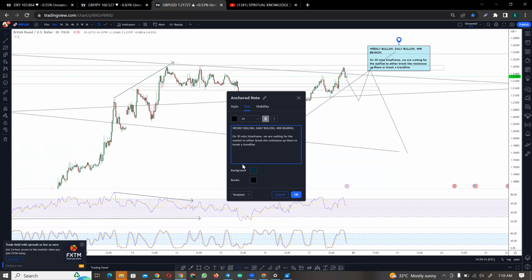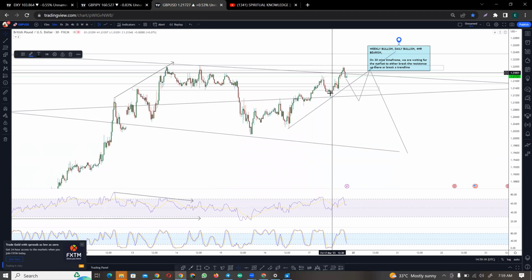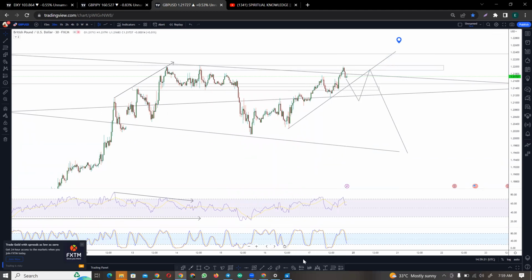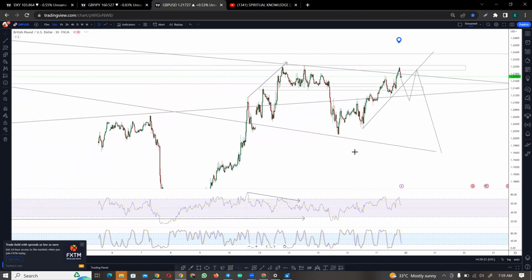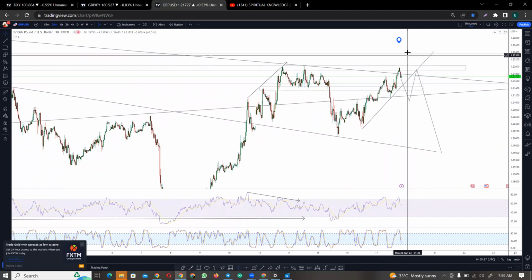It's as simple as break the resistance. The resistance I mean is this resistance it is testing. So if it can break the resistance, then the trade will go.